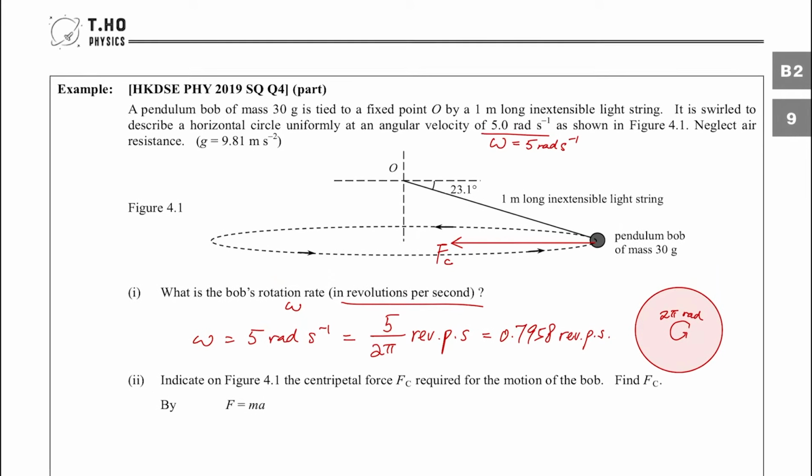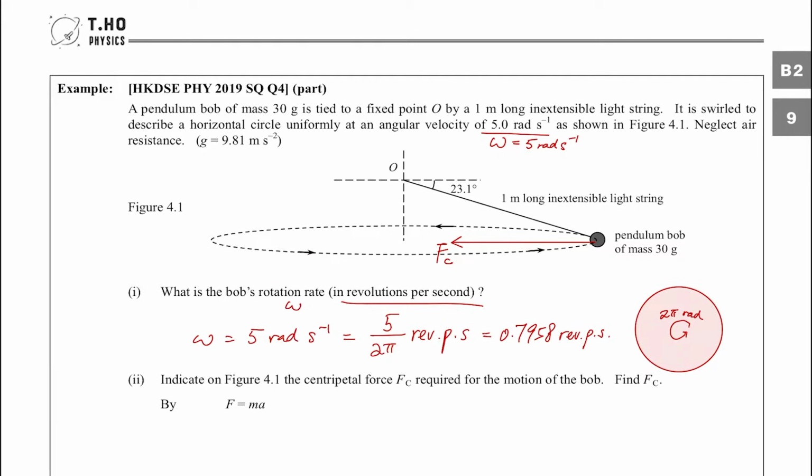And secondly, we have to find the value for Fc by using Newton's law. F equals ma, and now the acceleration a is talking about the centripetal acceleration, so we can change the equation into this way. F equals m r omega square.